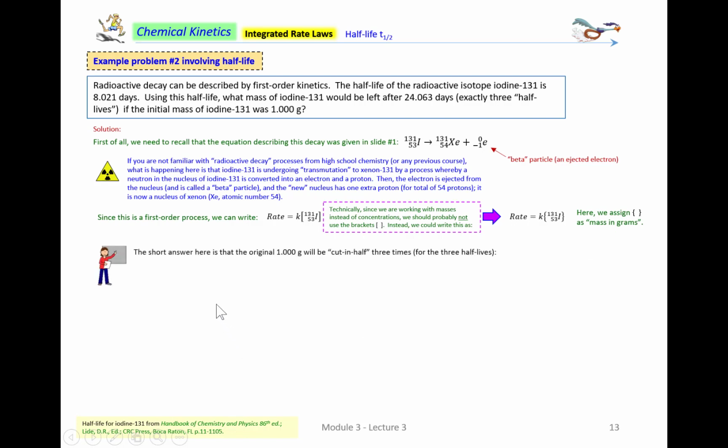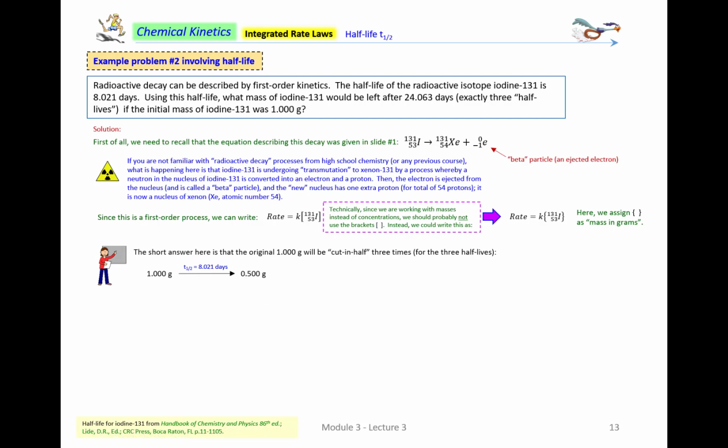And we can actually solve this problem quite quickly if we just realize from the definition of half-life that what we're doing is cutting the original 1 gram in half 3 times. So if we start out with a gram and we wait 8.021 days, which is 1 half-life, we'd have half of what we started with left, 0.5.